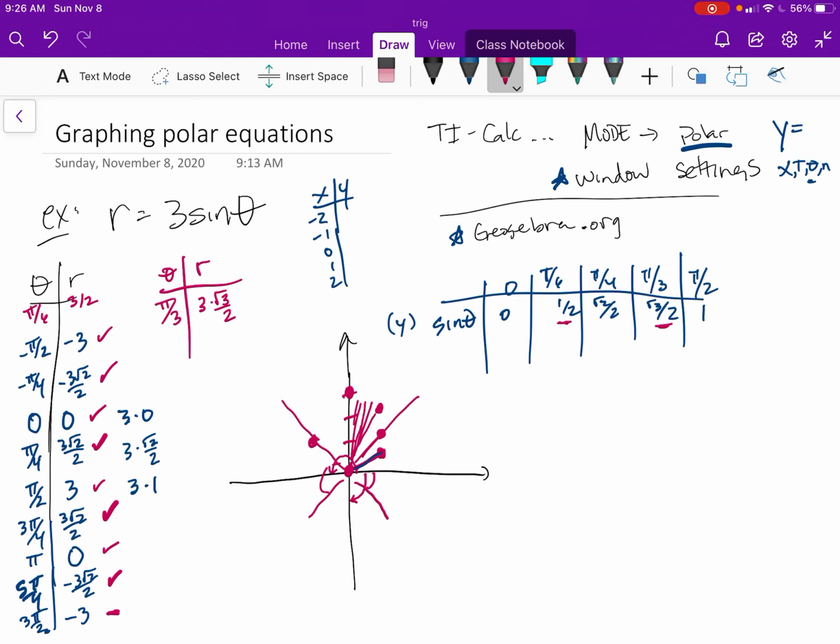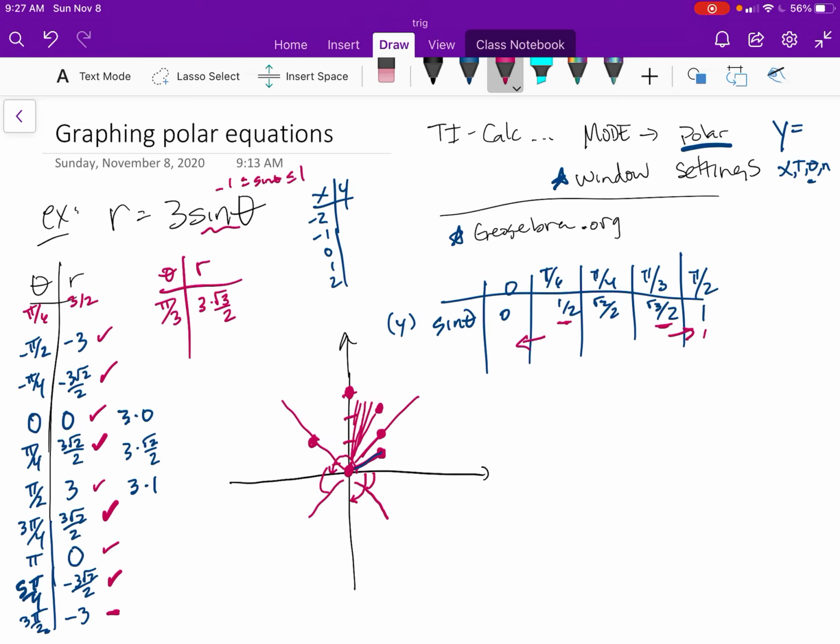But I do know that sine range is only between -1 and 1. So therefore I know it cannot be greater than 3. And as we approach pi over 2, it's approaching 1. As we approach 0, it's approaching 0.